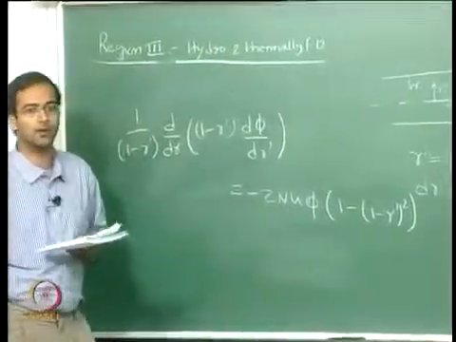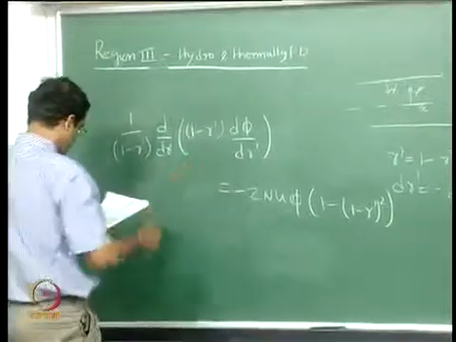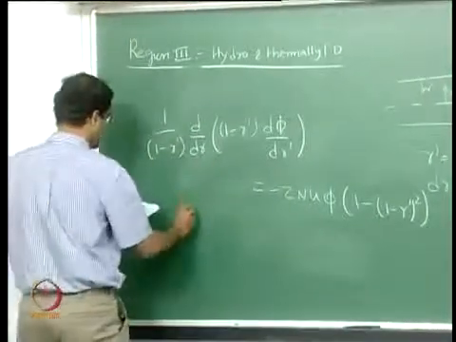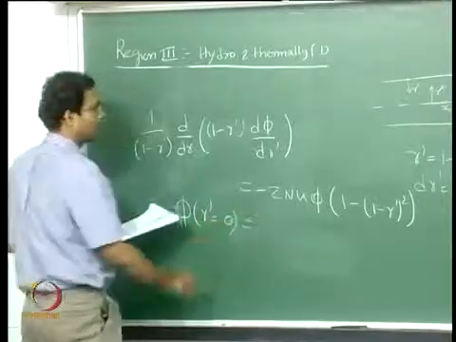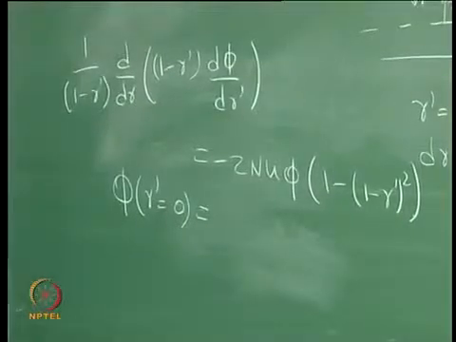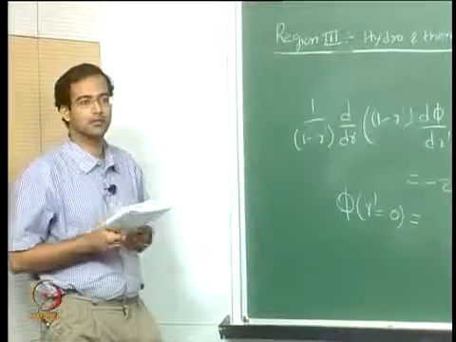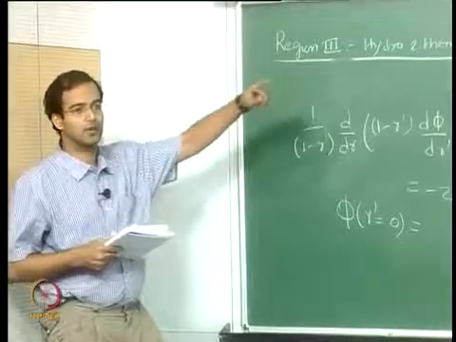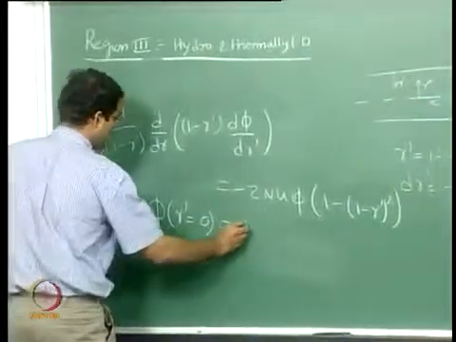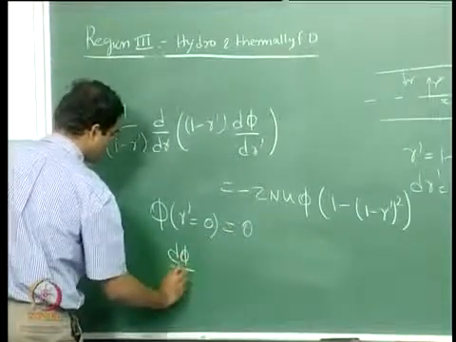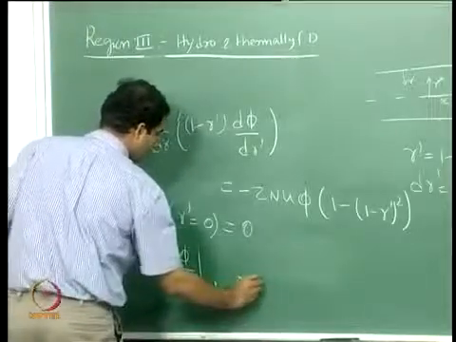Instead of r star square I have 1 minus r prime the whole square. So this is how my ODE will be, and the boundary conditions: phi at r prime equal to 0 will be what? I should also transform the boundary conditions to r prime instead of r star. This should be 0, and d phi by dr prime at r prime equal to 1 should be 0.